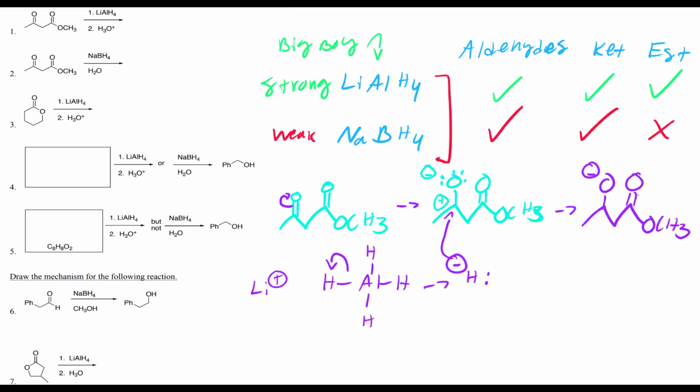So what happens here is that another H from a different aluminum hydride comes in and it takes out this double bond, and we insert an H, or hydride, right here, and we have this.